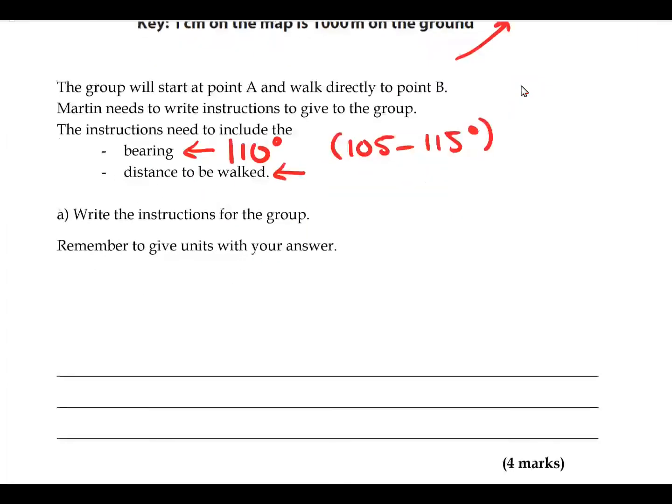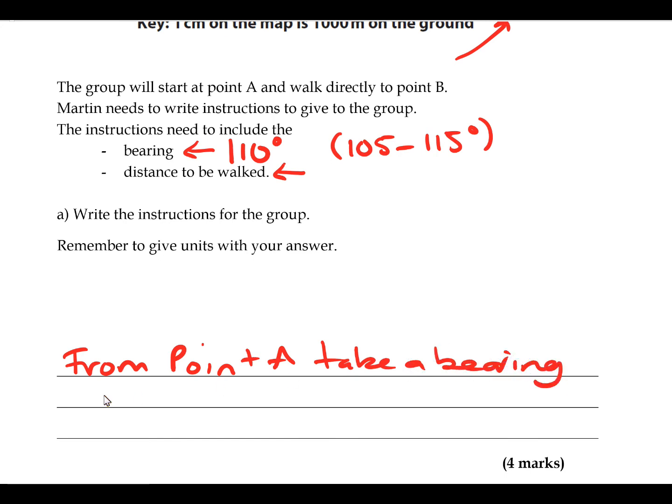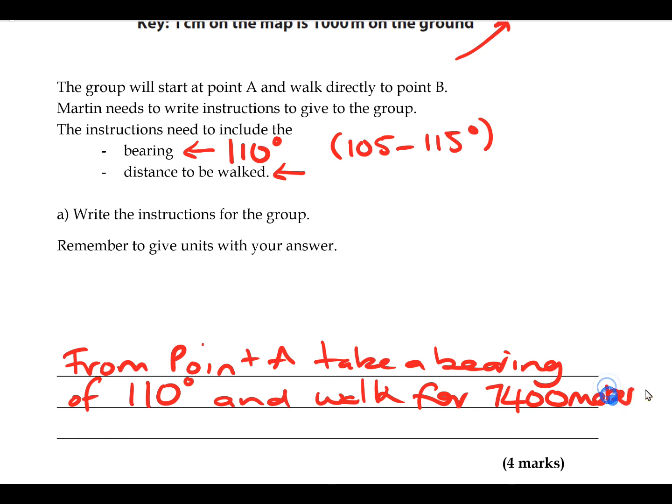So in order to get the 4 marks, we need to write down the instructions for the group. So from point A, take a bearing of 110 degrees and walk for 7,400 metres.